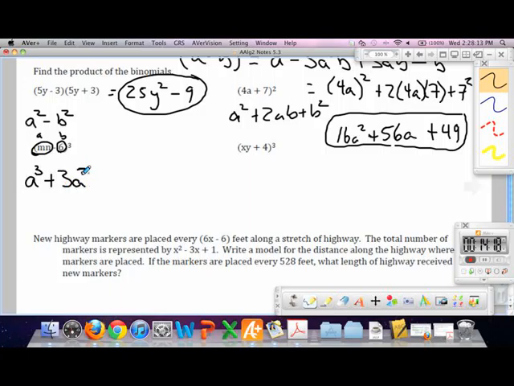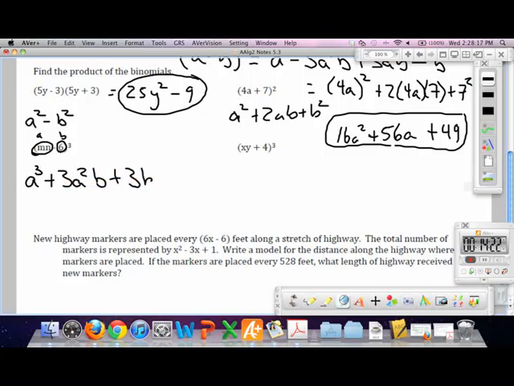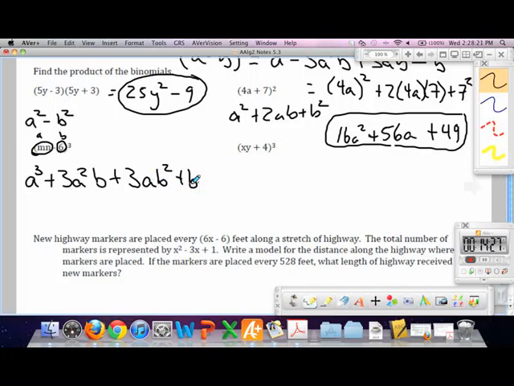Or replace a with mn. So this is mn to the third power, plus 3 times mn squared times 6, plus 3 times mn times 6 squared, plus 6 to the third power. And use your exponent rules.